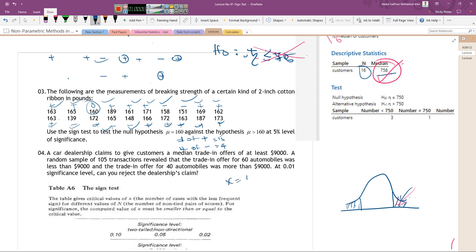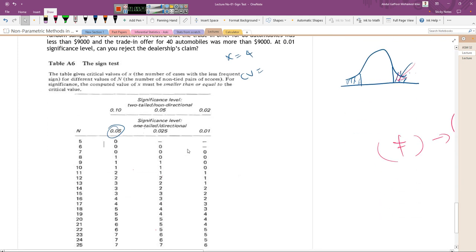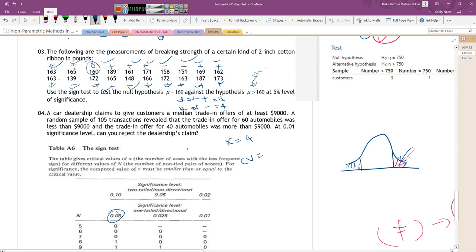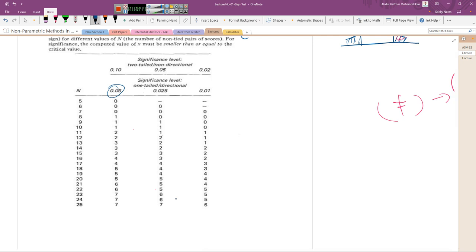So here x is equal to 4 and our critical value we can find using our table. So this is our critical value. Since this is our HA, it is a one-tail test, the significance level is 0.05 and n is 19. Why? Because we ignore the 0, so this data point is ignored. So the modified sample size is 19.